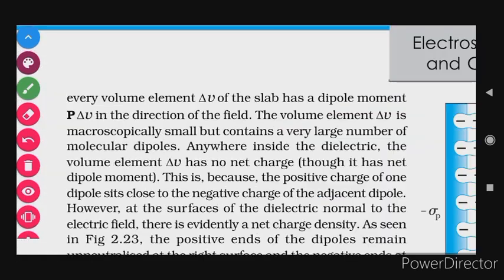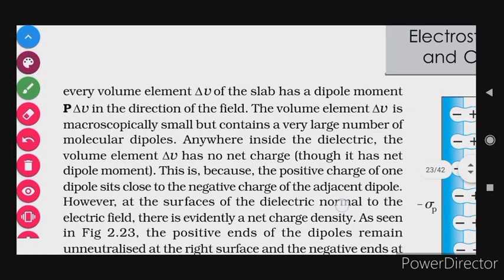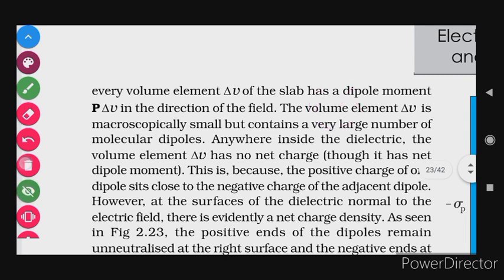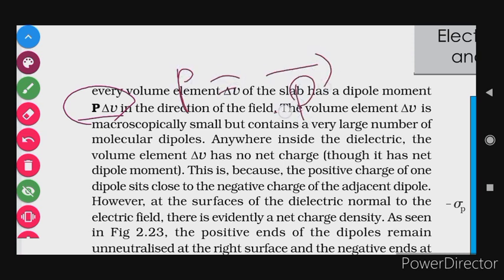Okay, there will be dipoles like this, and suppose we consider a small volume element del V. So the polarization in the small volume del V that we consider will be just simply multiplying the polarization by the unit volume. As we know, polarization is dipole moment per unit volume. So on multiplying the polarization with the unit volume, we will get the dipole moment in that particular volume.